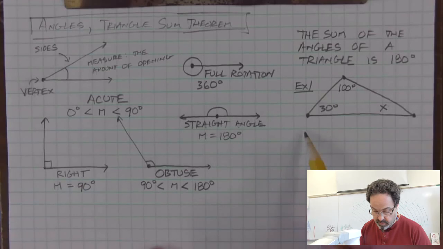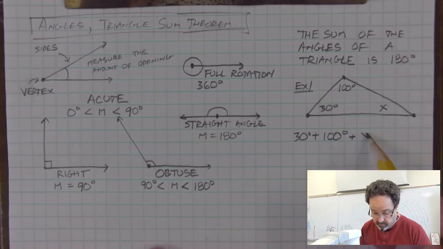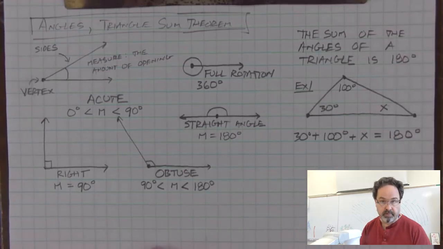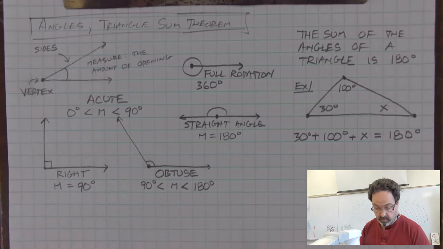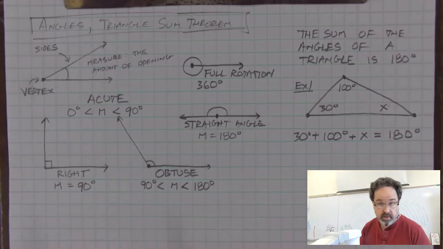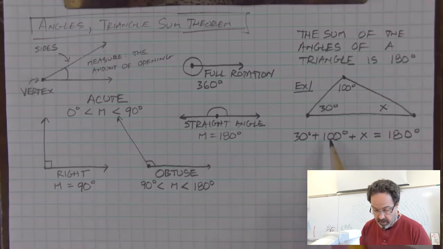which then allows me to make an equation. If I add the 30-degree angle and the 100-degree angle and the measure of x, which is the third angle that I don't know, then the 3 of them together will be 180 degrees, which creates an equation that I can use to find the unknown angle. I'm going to add 130 together and then subtract 130 degrees from this side.